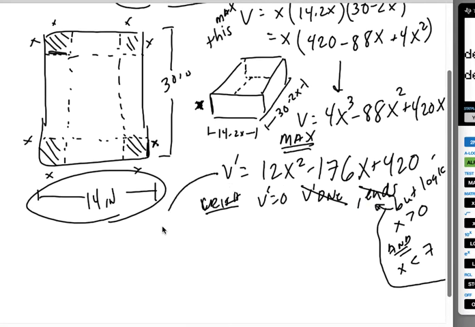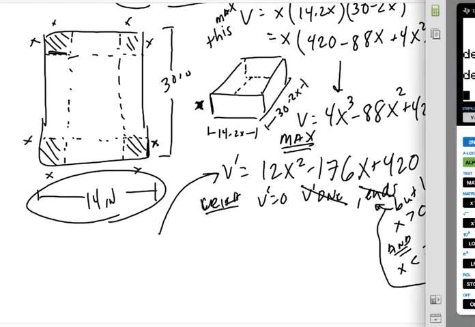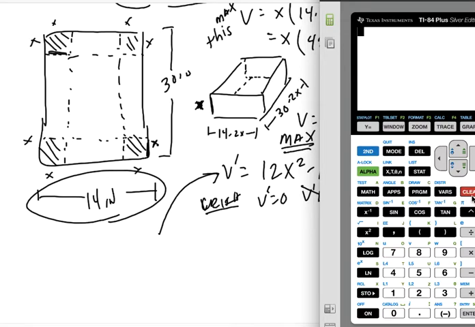Now I'm going to be honest, this is not super fun. If you were going to cave and just use the quadratic formula, I would support it here. I'm going to be a little bit lazy for a sec and see if I can factor out a 12 from a 176, because I'm tired and it's been a long day. I cannot. So let's see what we can take out. 176 is not a multiple of 3, so the best I can take out is a 2 and a 2 again. So I can take out a 4.